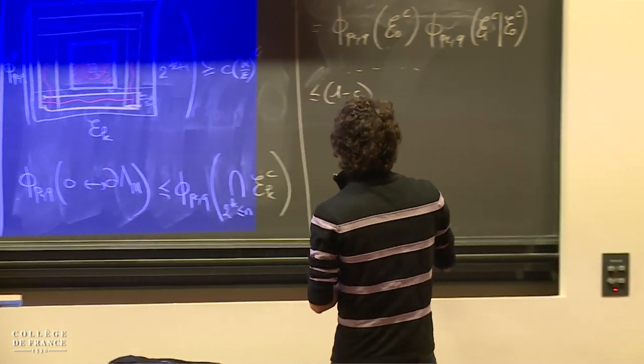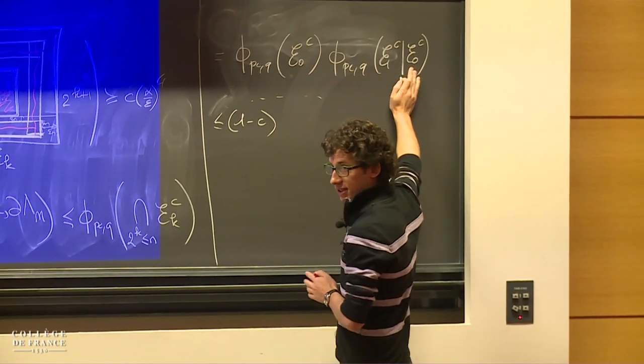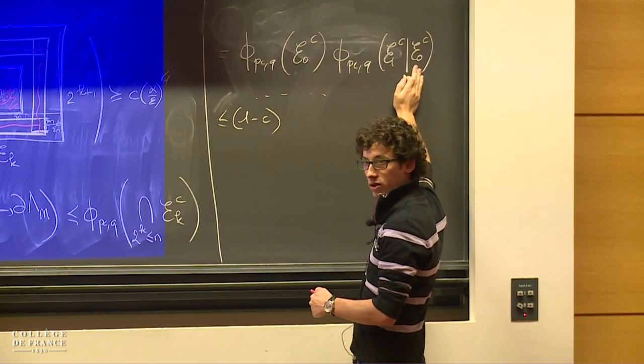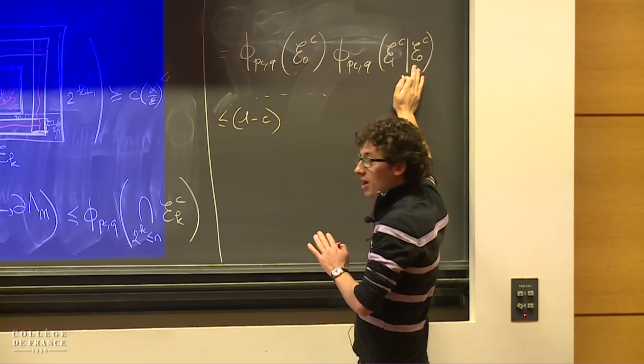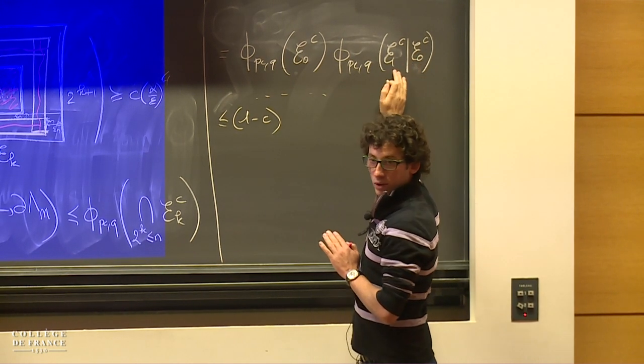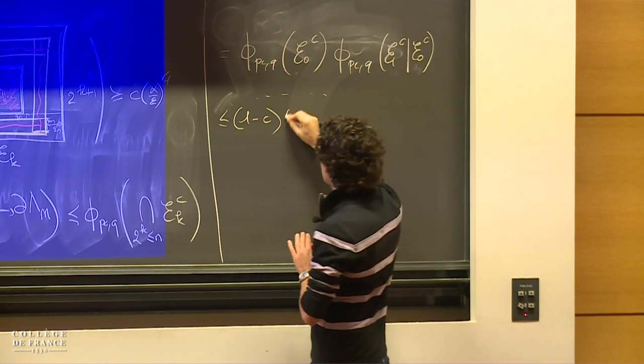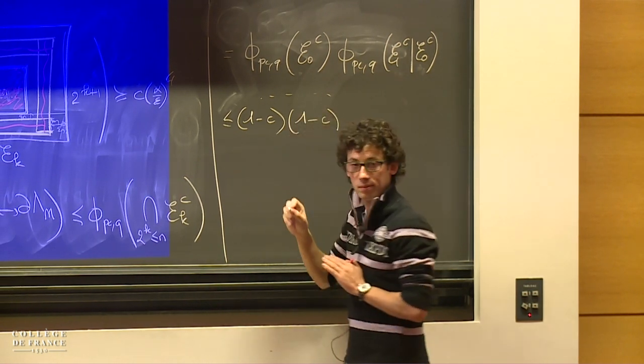So this is telling me that even with this conditioning, by the Markov property and the comparison between boundary conditions, it's going to induce some boundary conditions, but they cannot help this event too much. And the probability is still going to be smaller than 1 minus c.